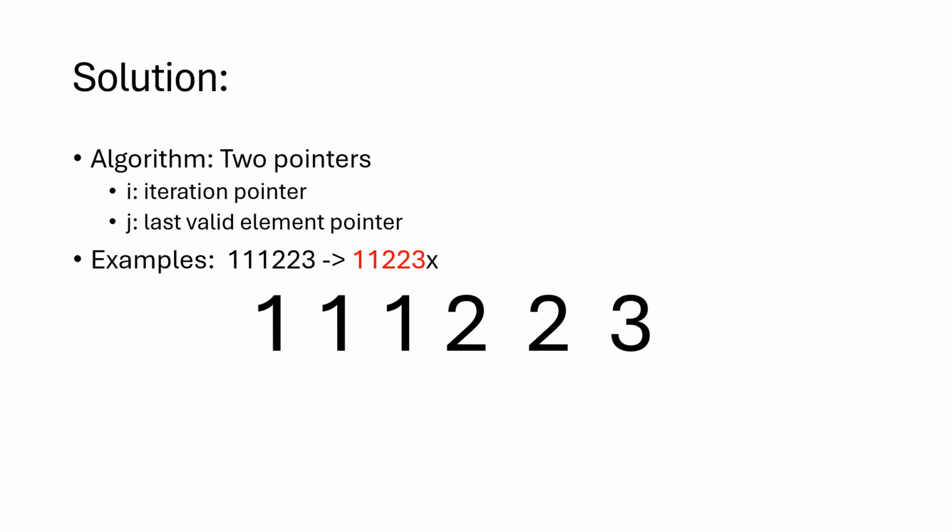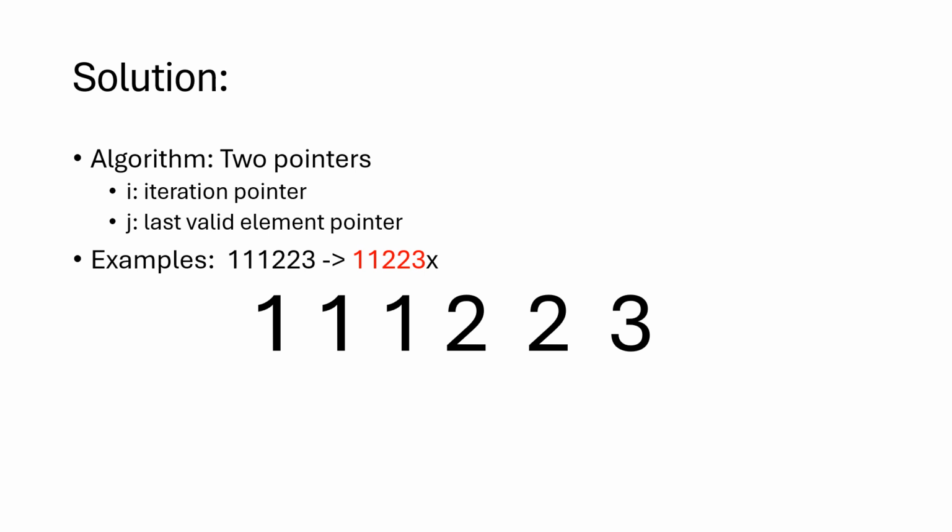If we look at the example here, assume we are given an array 1, 1, 1, 2, 2, 3. The expected output would be 1, 1, 2, 2, 3, and we don't care about the last elements. So basically, the operation removes the third 1 here because that violates our maximum number requirement. Let's look at exactly how this algorithm works.